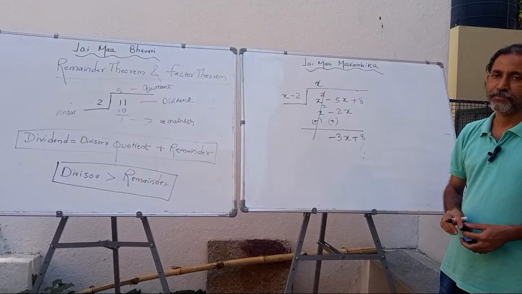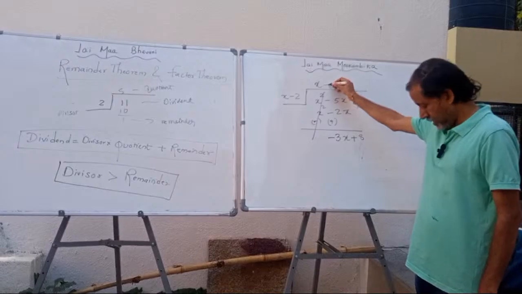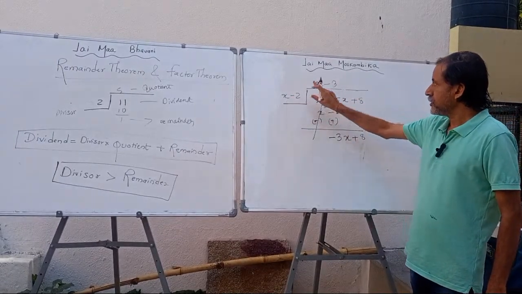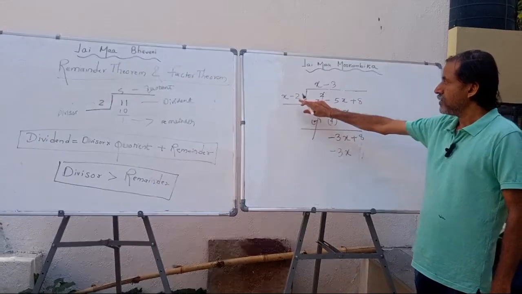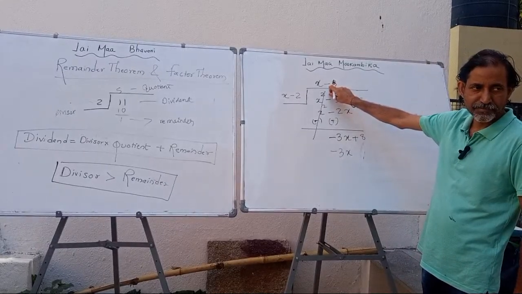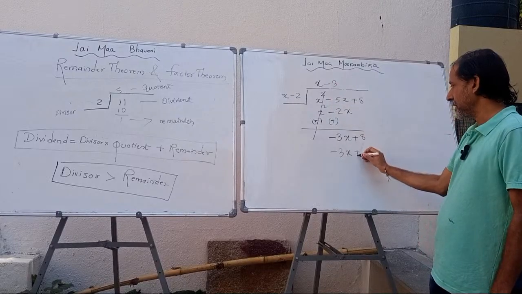Minus 3, you agree? So, x into minus 3 is minus 3x. Minus 2 into minus 3 is plus 6. Always tell me the sign also.